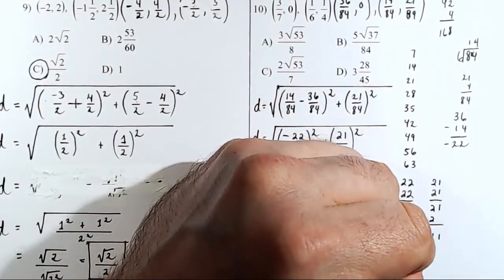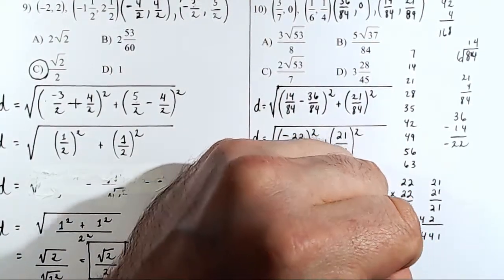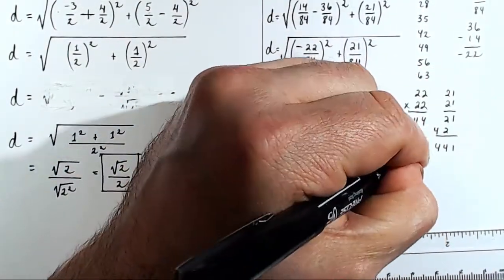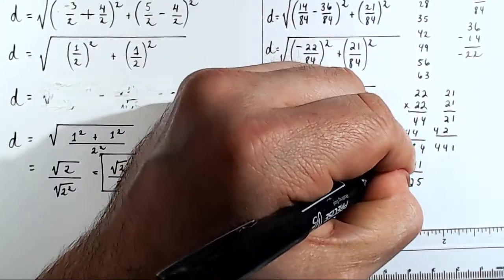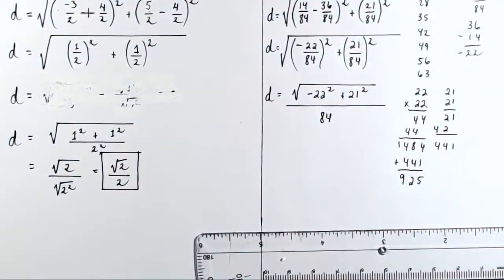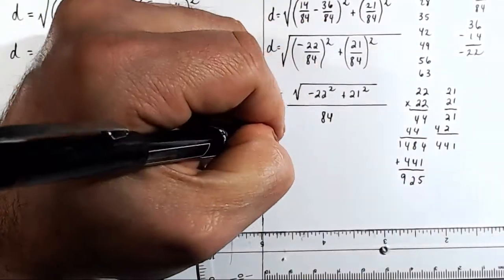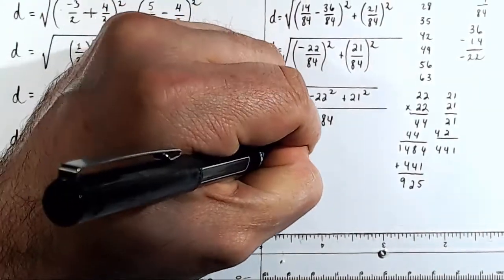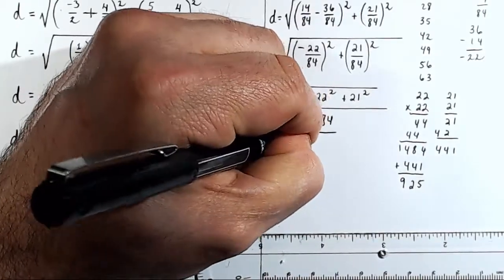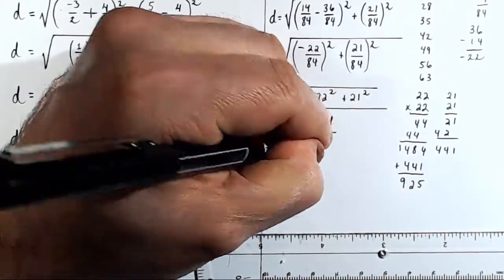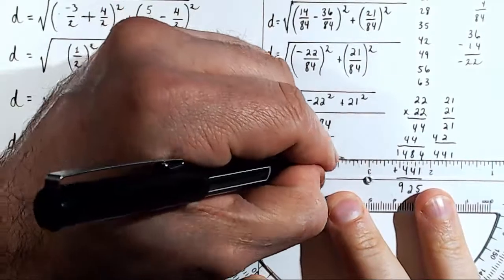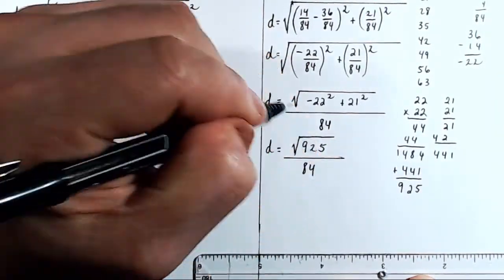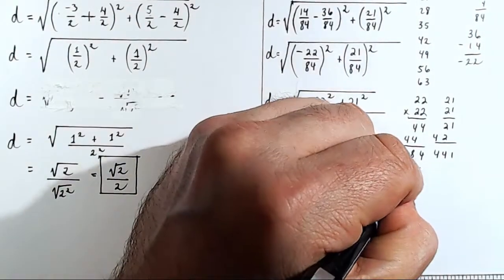Now I got to add 441 to 484. 925. So that means that D is equal to the square root of 925 over 84. And I'm happy about that because I know 925 is divisible by 5.